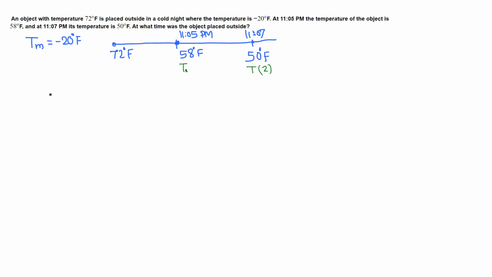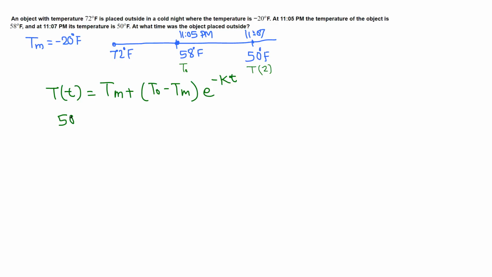By Newton's law of cooling, the temperature T at any time t is given by Tm plus (T naught minus Tm) times e raised to negative kt. After 2 minutes the temperature is 50.